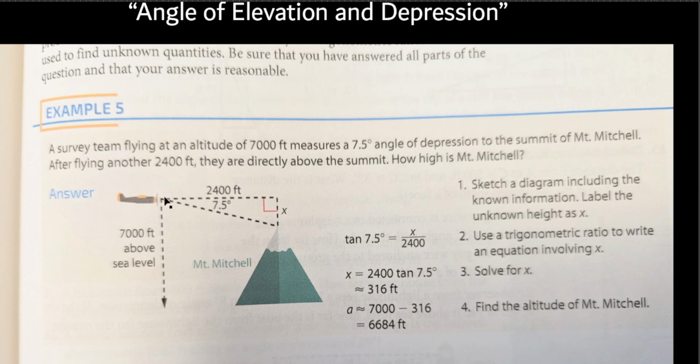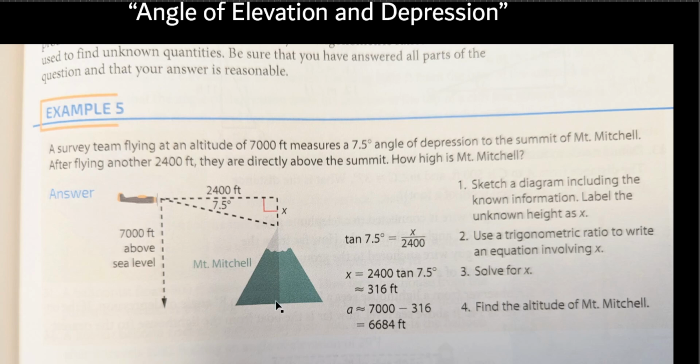We use a right triangle. Here's the horizontal. Everybody see that? And here's the vertical. You're directly above it now. This plane has flown 2,400 feet, and now it's directly above it. Here's your line of sight that we had before, so you can make a nice right triangle out of it. And we're going to figure out how high the mountain is.